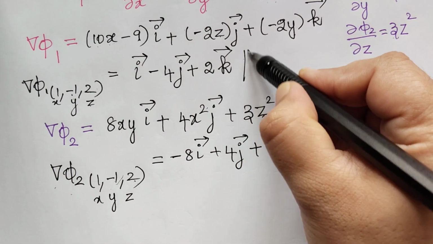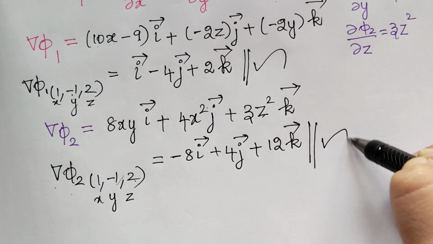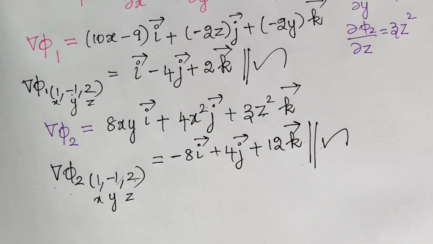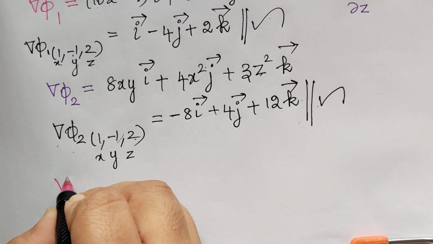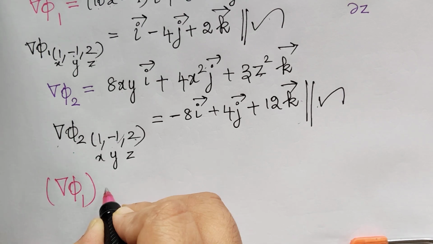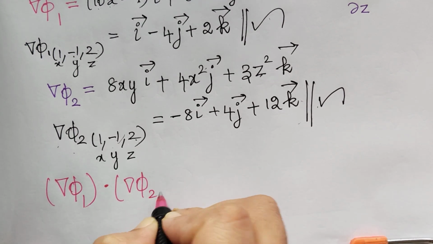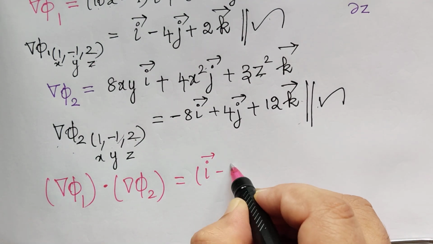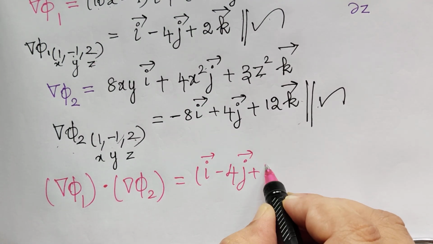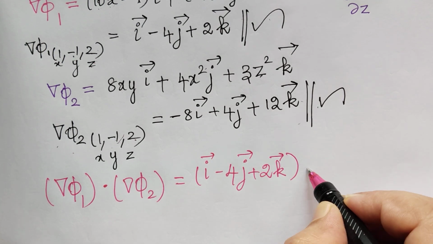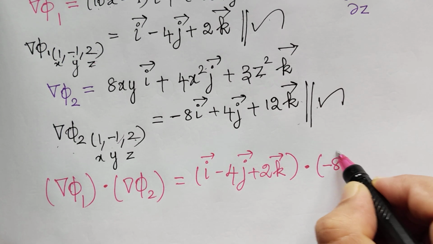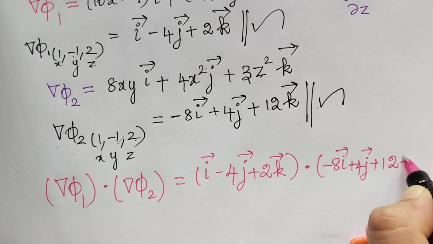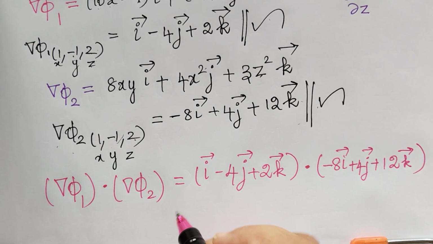So we have nabla phi 1 here, nabla phi 2 over here. Using these two, we have to take the dot product between these two. So nabla phi 1 dot product with nabla phi 2 will be equal to, this vector is i vector minus 4j vector plus 2k vector, dot product with minus 8i vector plus 4j vector plus 12k vector. So now we have to take the dot product.